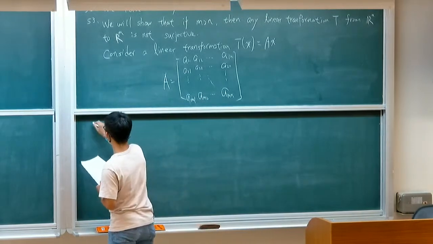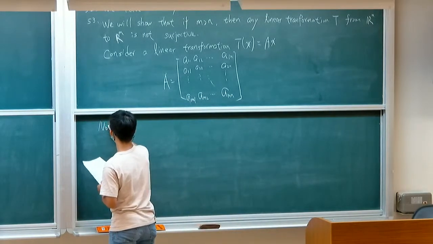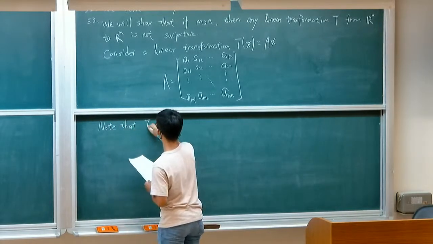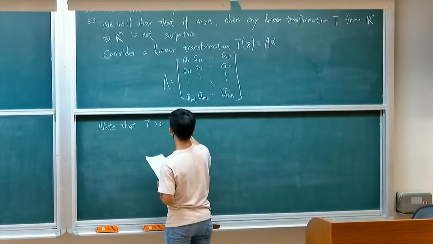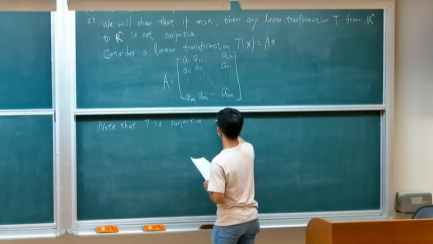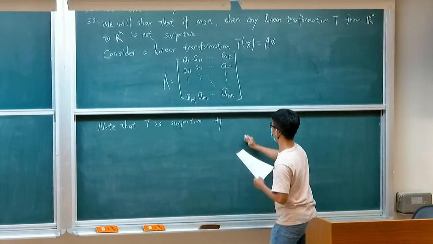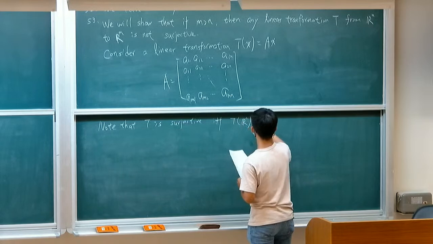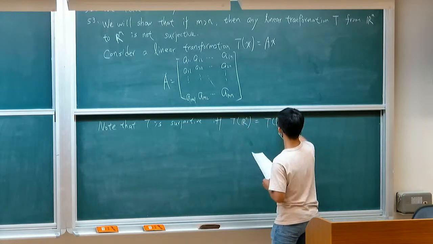Note that T is surjective if and only if its range is Rm.